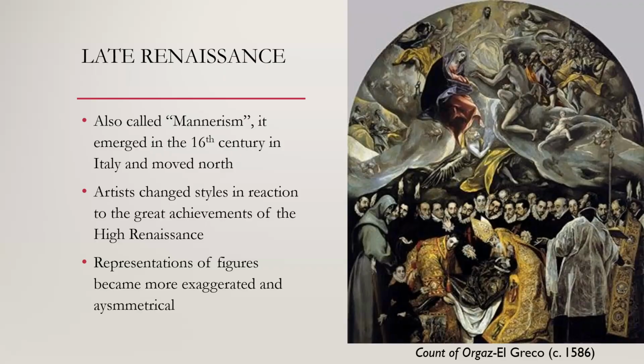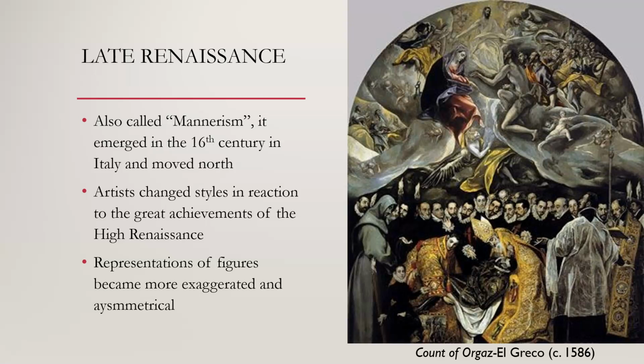Finally, we get to the late Renaissance. It's also known as Mannerism. This emerged also in Italy, but it found its way to Spain, up to the Netherlands. And it wasn't always called Mannerism in each area, so it gets very complicated trying to dissect the different areas and time periods.